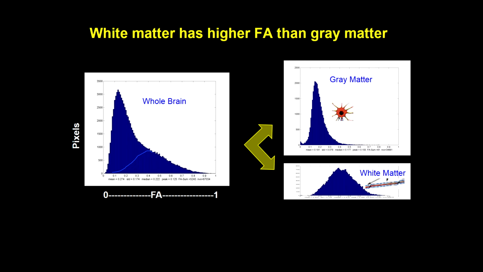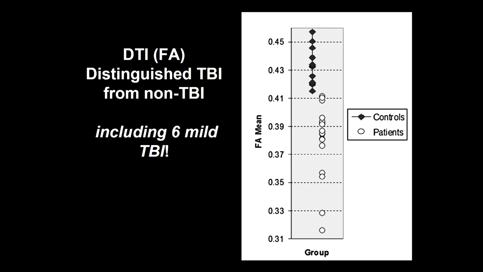And what we did a few years ago and published in 2007 in a sample of heterogeneous patients compared with controls, we simply looked at the mean or the average, the arithmetic mean fractional anisotropy over the entire volume of white matter for a number of subjects, and we found that this mean fractional anisotropy completely differentiated between these two groups.